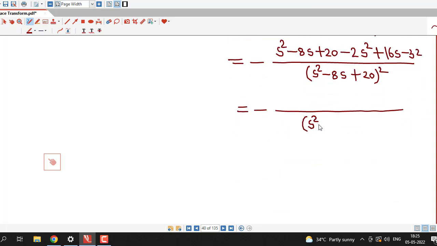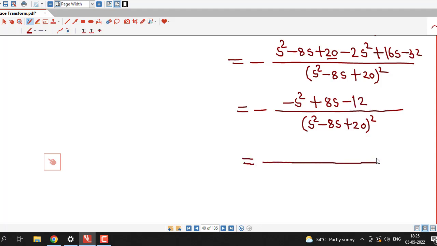We keep the denominator as it is, (s square minus 8s plus 20) whole square, and here s square minus 2s square, that is minus s square, minus 8s plus 16s, or 16 minus 8, that is 8s, and 20 minus 32, that is minus 12, and if we multiply by this minus 1, we will have (s square minus 8s plus 12) divided by (s square minus 8s plus 20) whole square.